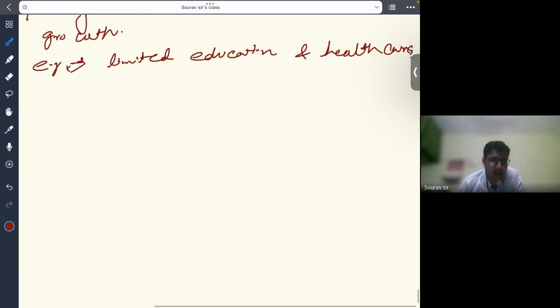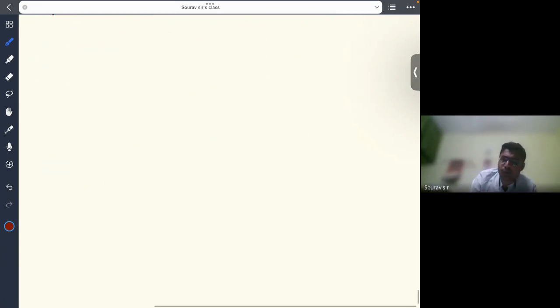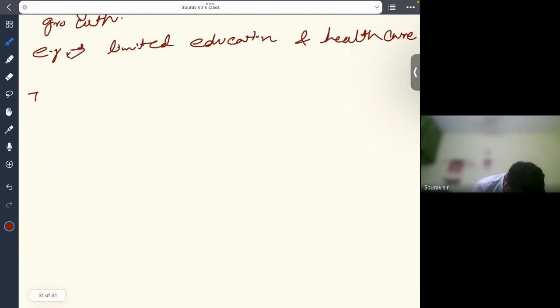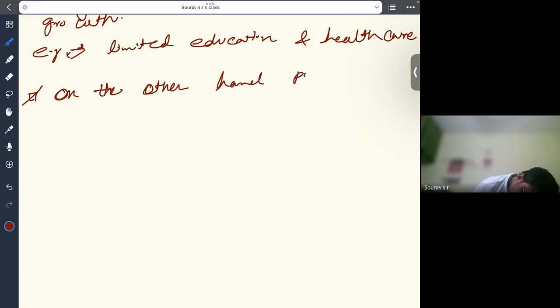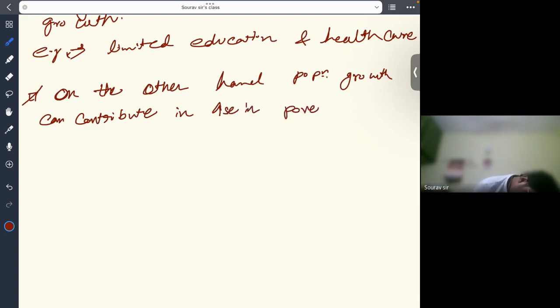But on the other hand, population growth can also contribute to poverty in several ways. Because population is not one dimensional.